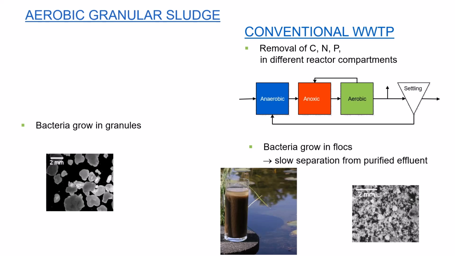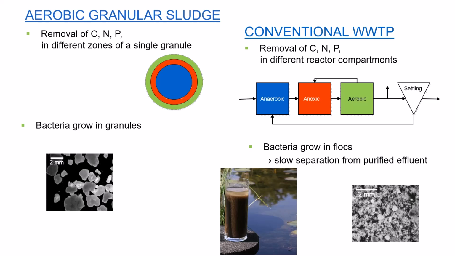In the case of aerobic granular sludge, the bacteria grow in granules. The removal of carbon, nitrogen and phosphorus components takes place in different zones of a single granule, so there is no need to pump around the wastewater between different compartments.